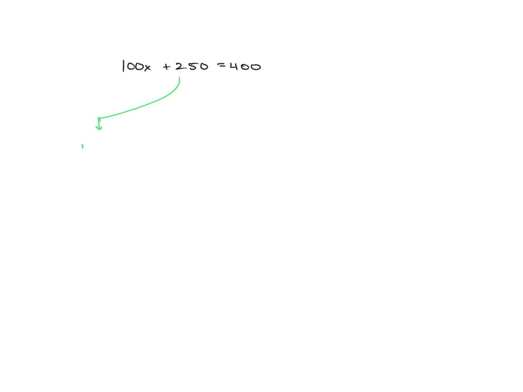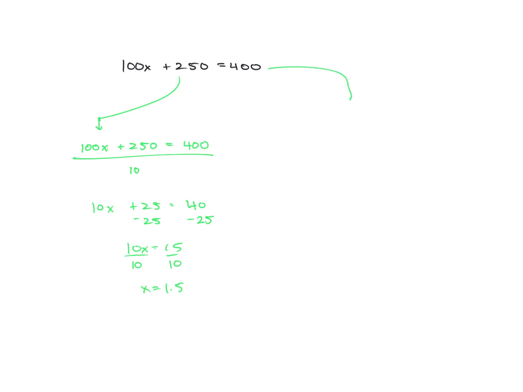I can take the 100x plus 250 equals 400 and divide it by 10, a number common to all three of these, and I get 10x plus 25 is equal to 40. Smaller numbers to work with, whereas in the other ones we were making them bigger to make it easy to work with. Now we're making them smaller to make it easy to work with. It's just a beautiful thing of math where you can change things without changing them, if that makes sense, to make it work for you.